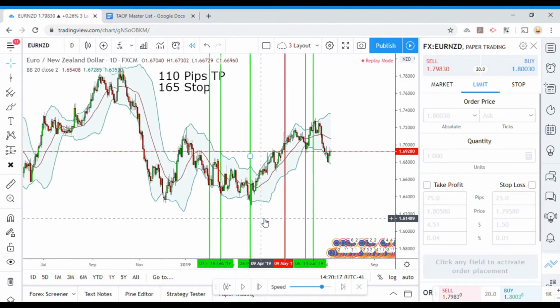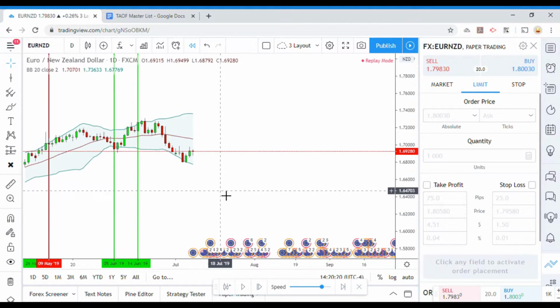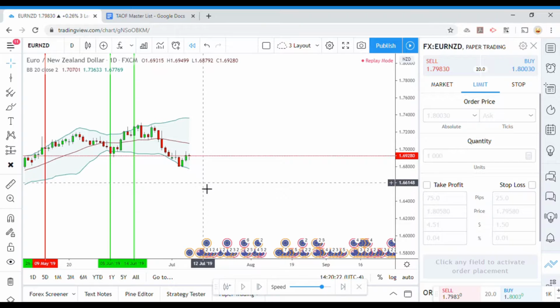Bollinger Bands actually are not doing too bad at this point. They're going to make a liar out of me.